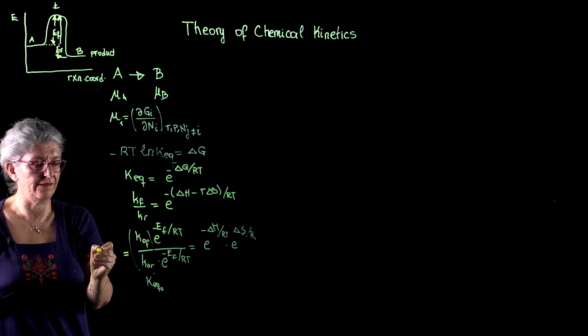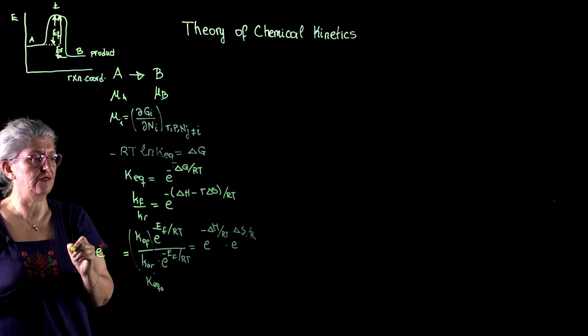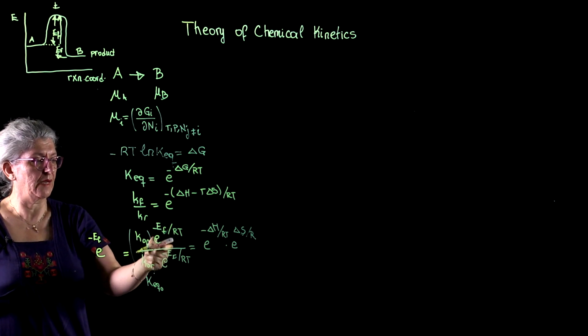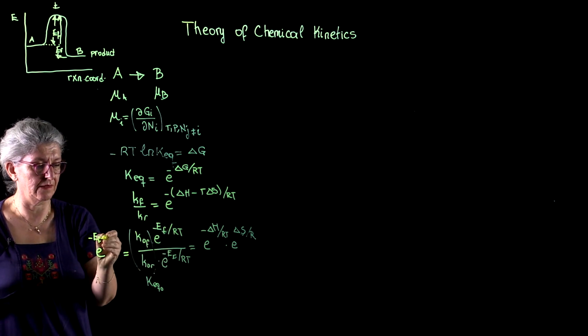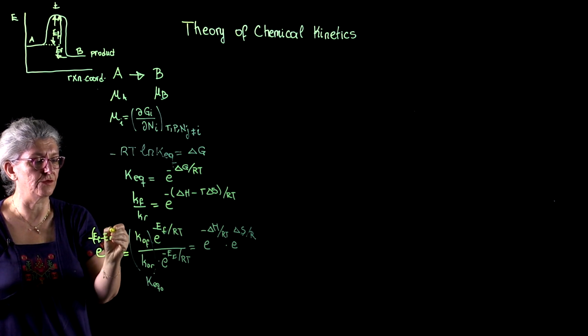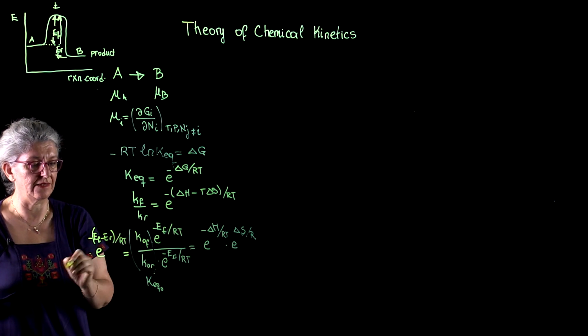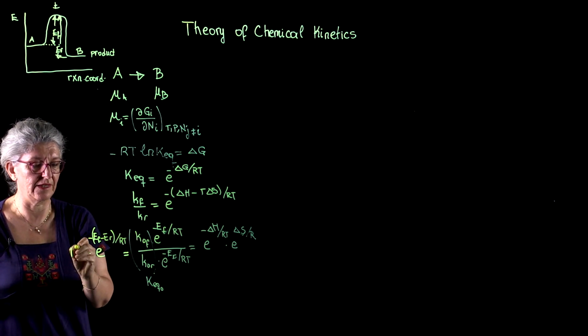We're going to have e raised to the power minus E forward minus, in parentheses, E reverse, divided by R times T. And this term is K equilibrium 0.